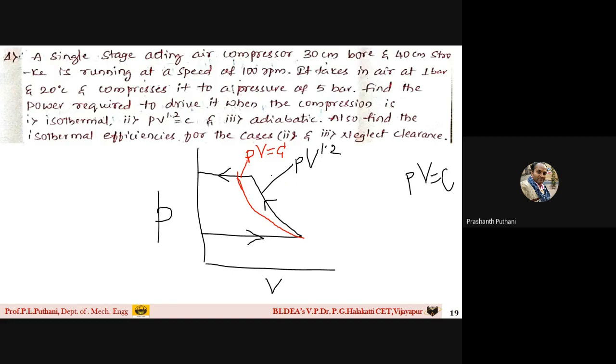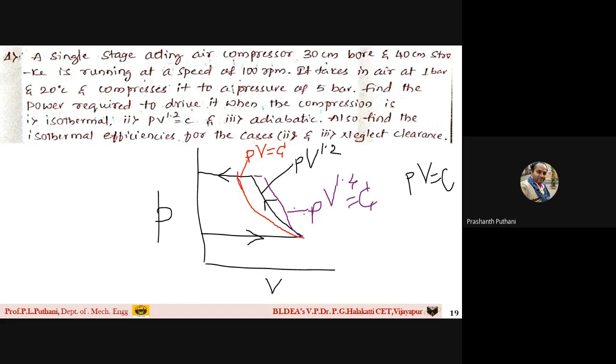Adiabatic means gamma value is 1.4. So the curve looks like this. This is P into V to the power of 1.4 is equal to C, because gamma value for air is 1.4.